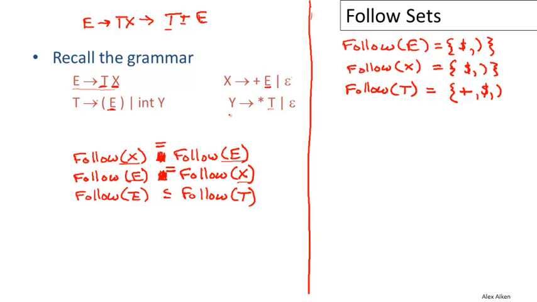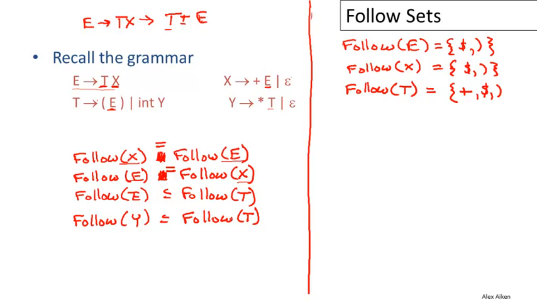Here we see that T is at the right end of a production. So anything that is in the follow of Y can also be in the follow of T. So the follow of Y is going to be a subset of the follow of T.